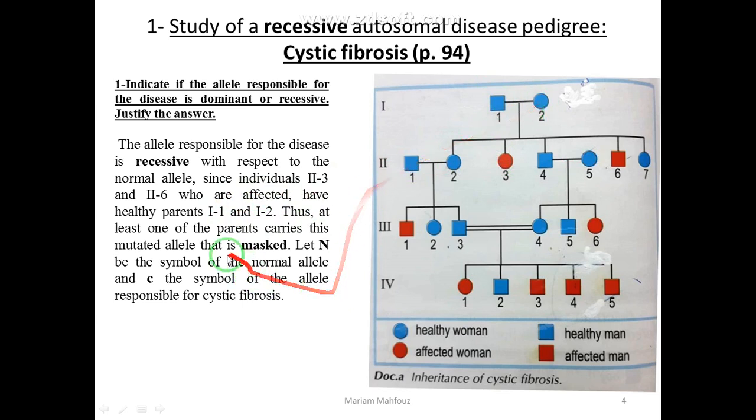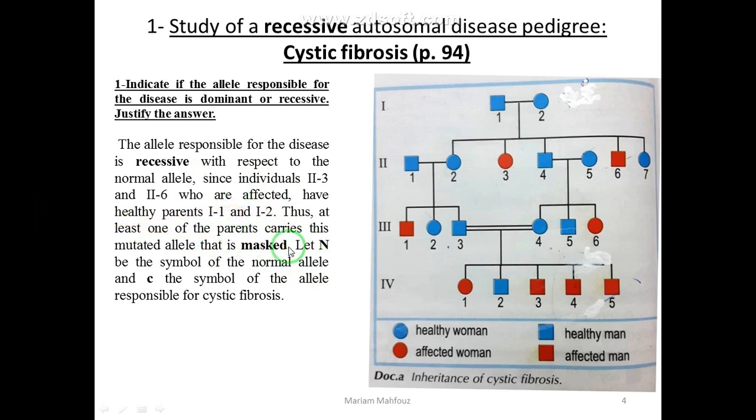Thus, at least one of the parents carries this mutated allele that is masked. The word masked is necessary to say, since it indicates that the allele of the disease is recessive. So we must say masked.